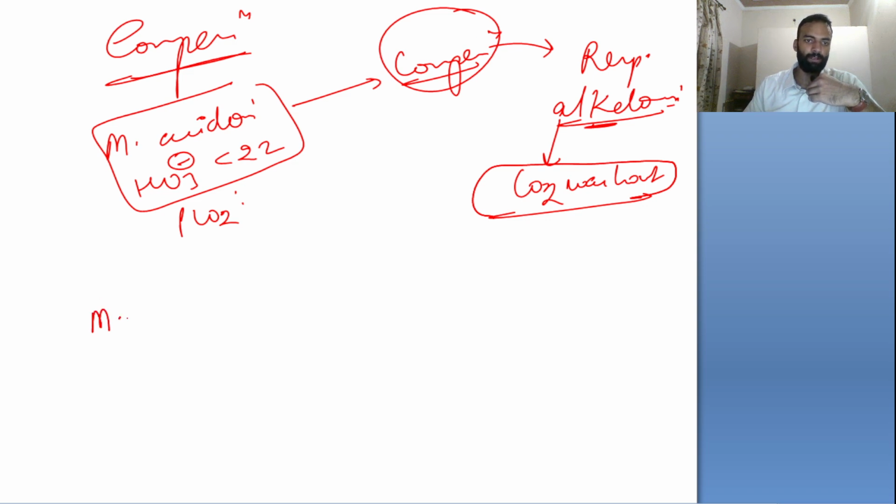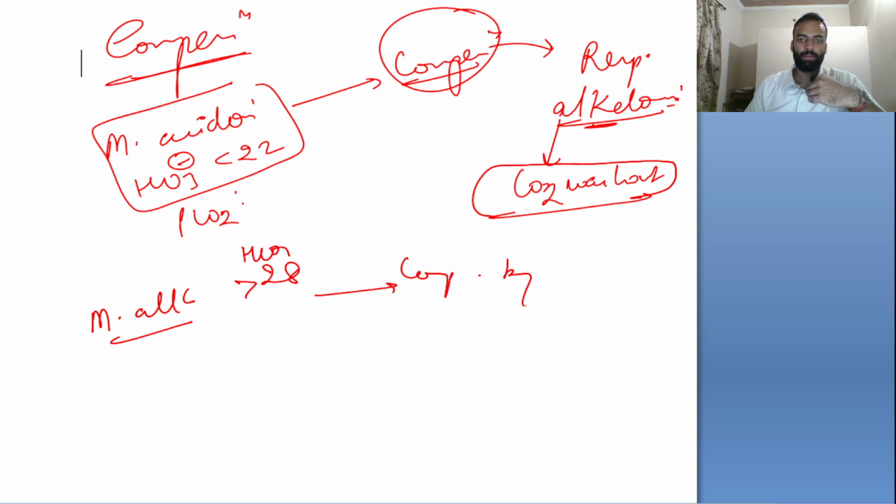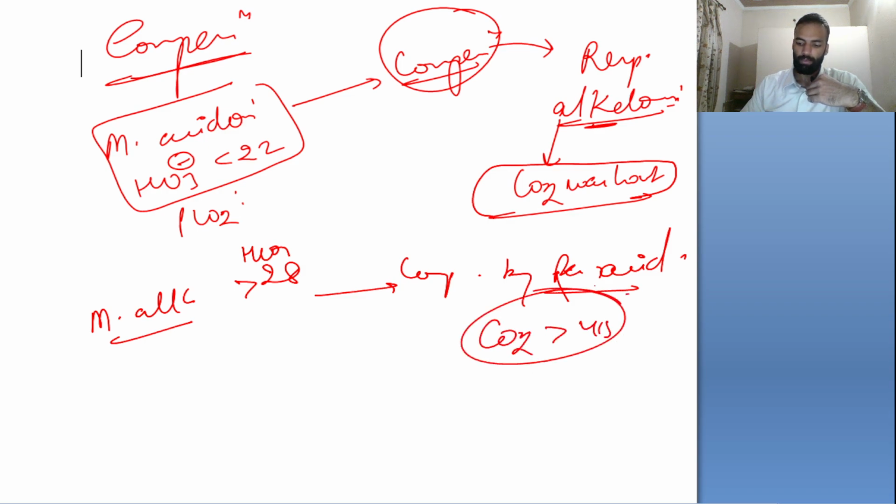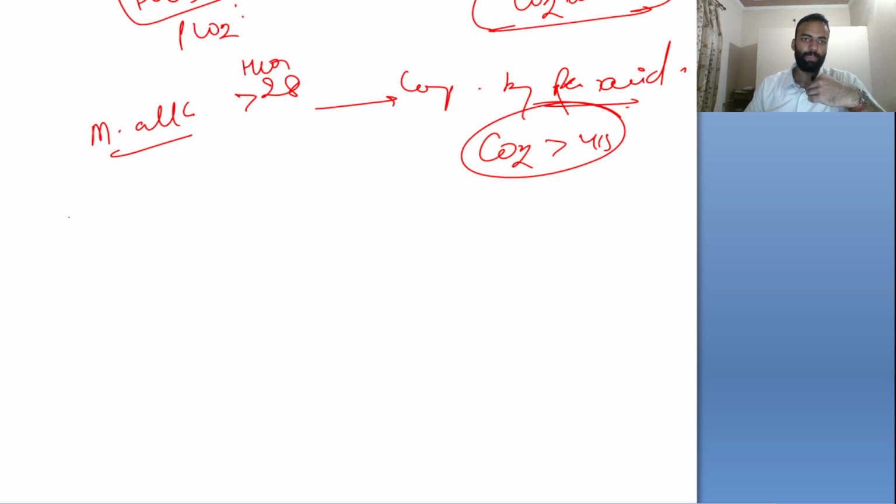And if there is metabolic alkalosis, then bicarbonate is more than 28, and compensation is by respiratory acidosis, where CO2 will be more than 45. Now, if there is respiratory acidosis, then what will happen?